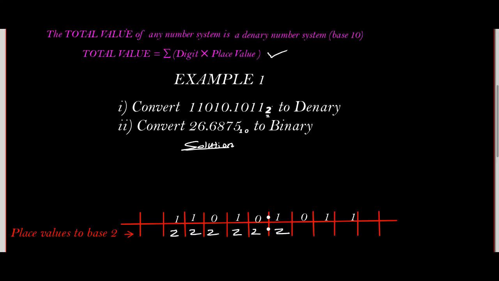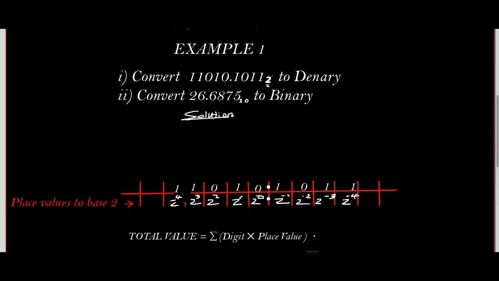Then from the decimal point, we have -1, -2, -3, -4 on the decimal side. Then the whole part starts from 0 for ones, then moves to 1, 2, 3, then the last one 4. So the total value of that number will sum all the digits times their place value.